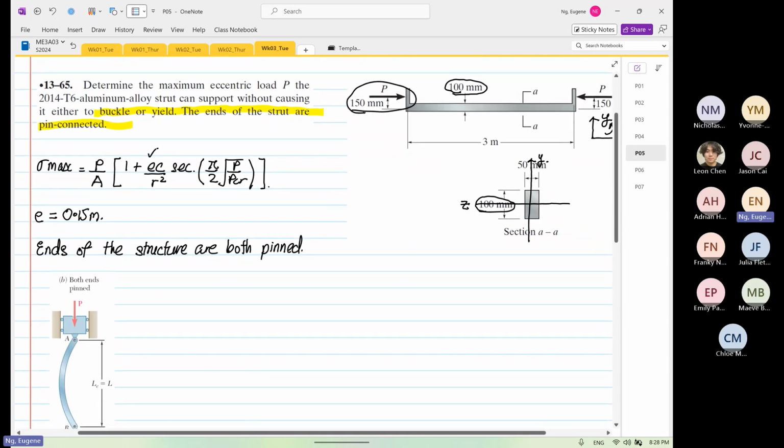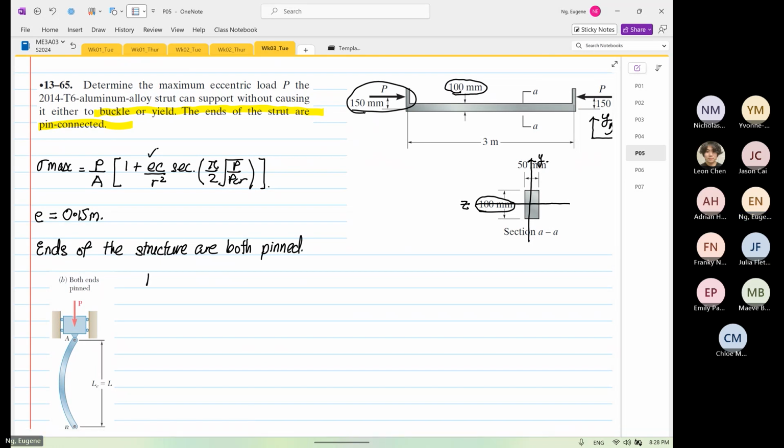And then we are going to make the statement that LE is equal to L, which is equal to what? 3 meters, for both, right?